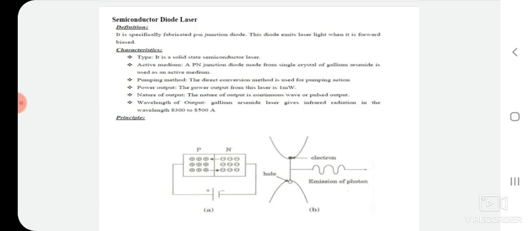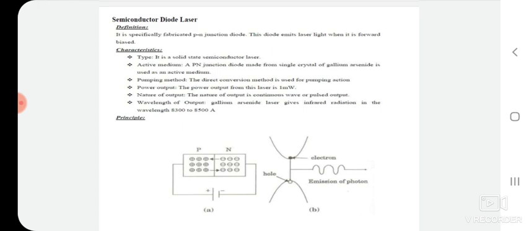When a PN junction diode is forward biased, the electrons from the N region and holes from the P region cross the junction and recombine with each other.